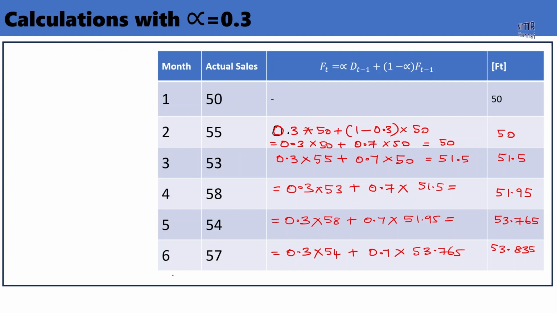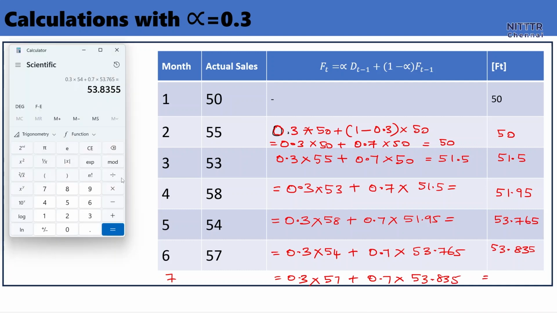If we want to forecast for the 7th period, it will be 0.3 into the previous period demand, which is 57, plus 0.7 into the previous period forecast, which is 53.835. We will see what value comes in. 0.3 into 57 plus 0.7 into 53.835.